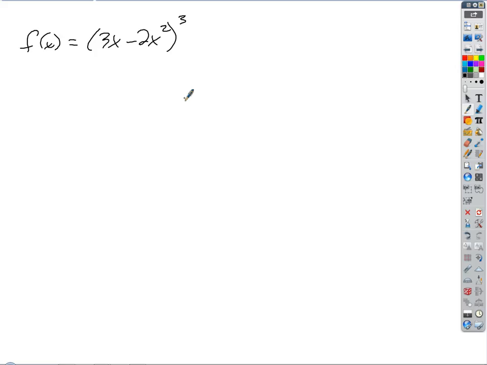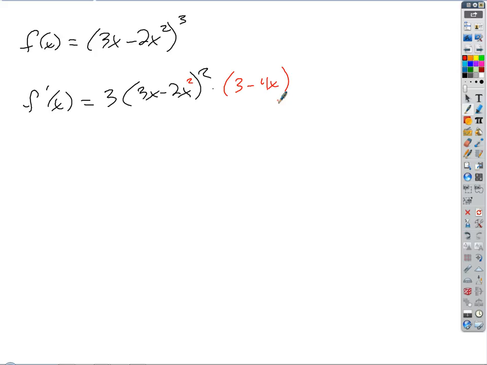How can we do that with the chain rule? Layer by layer. What am I going to get? 3 times that squared, times 3 minus 4x. 3 minus 4x, right?